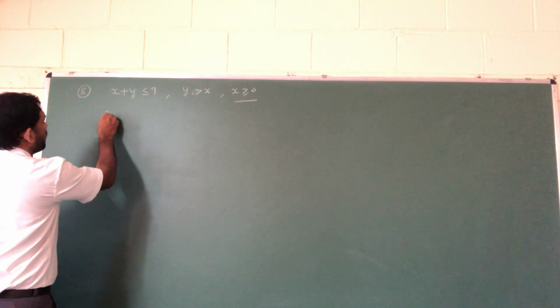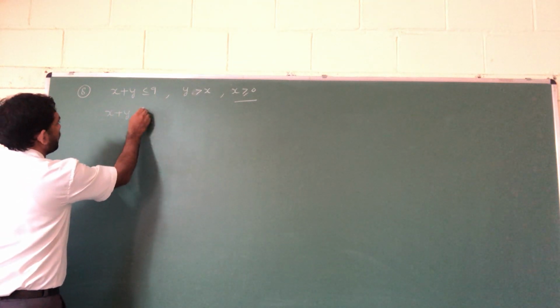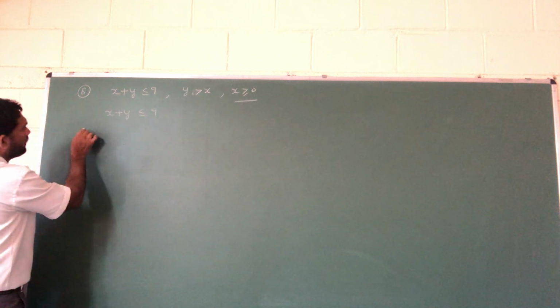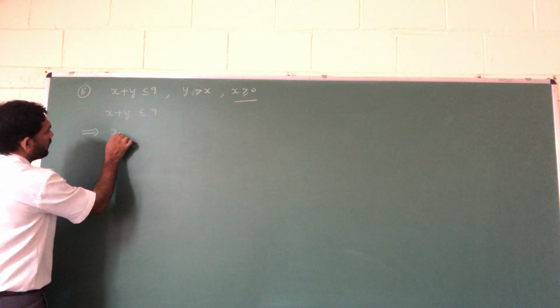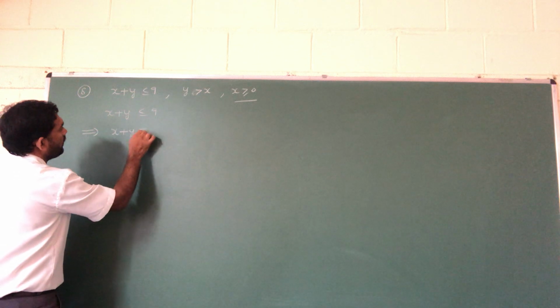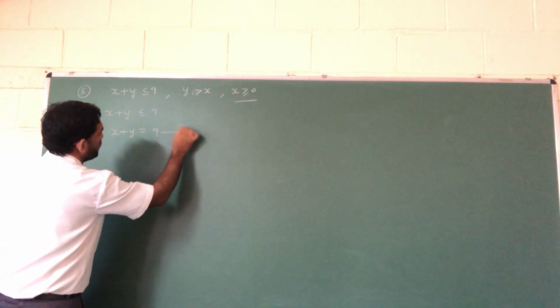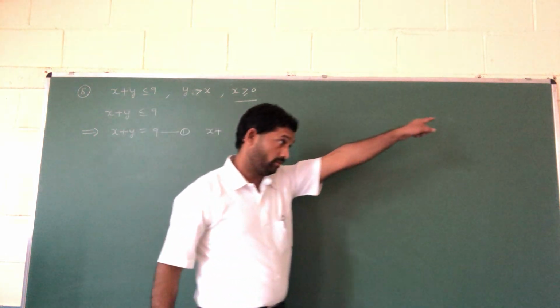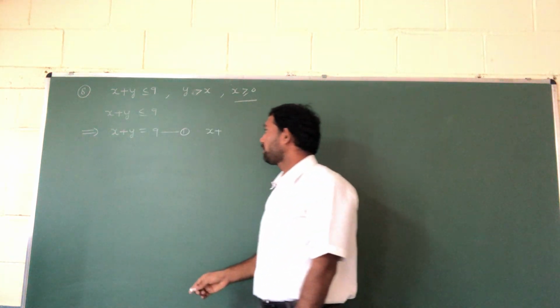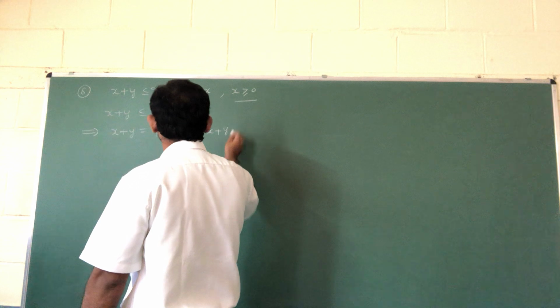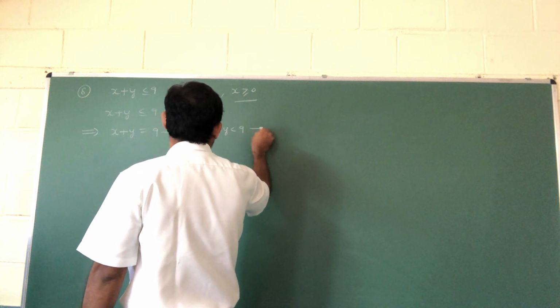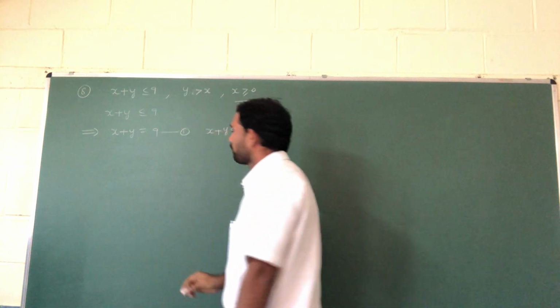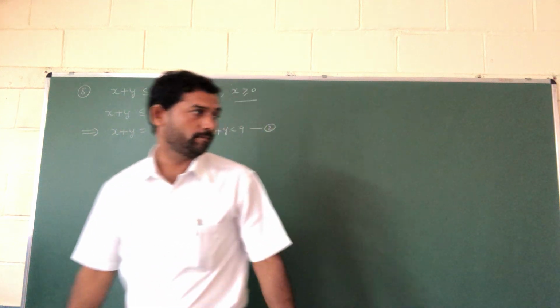Given one, x plus y less than or equal to 9, you take. So this implies x plus y is equal to 9. It is equation number 1. x plus y less than 9 is equation number 2. So simplify this one.